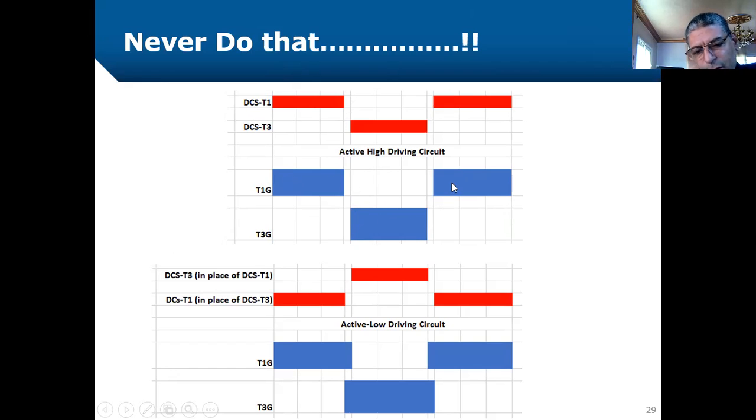Okay, but for the driving circuit, if it receives the inverted signal, I mean, if you put the lower signal in place of the upper one, and we say this will be used to drive the upper switch, and this will be used to drive the lower switch to meet the requirement of active low switching, this is what happens. The driving circuit will take this pulse, as you see.